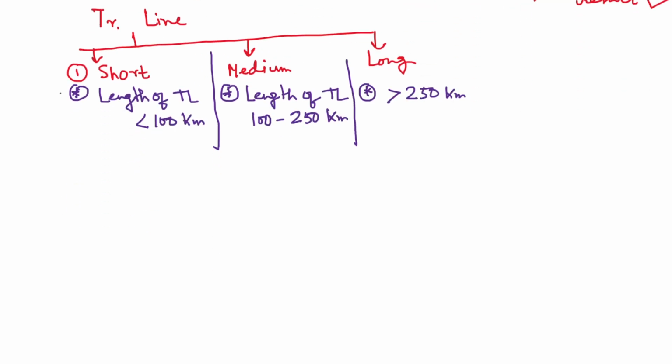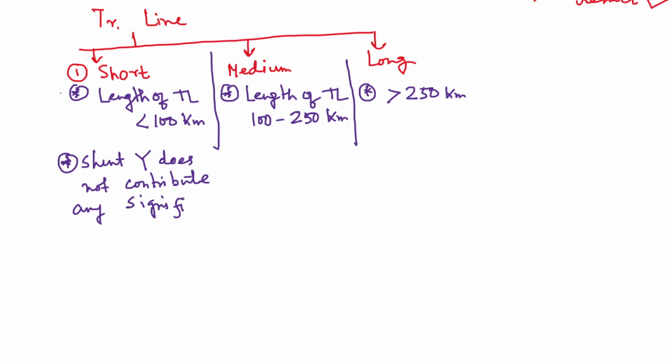Moreover, as the length of the short transmission line is less than 100 km, its shunt admittance does not contribute any significant proportion to the performance of the transmission line.